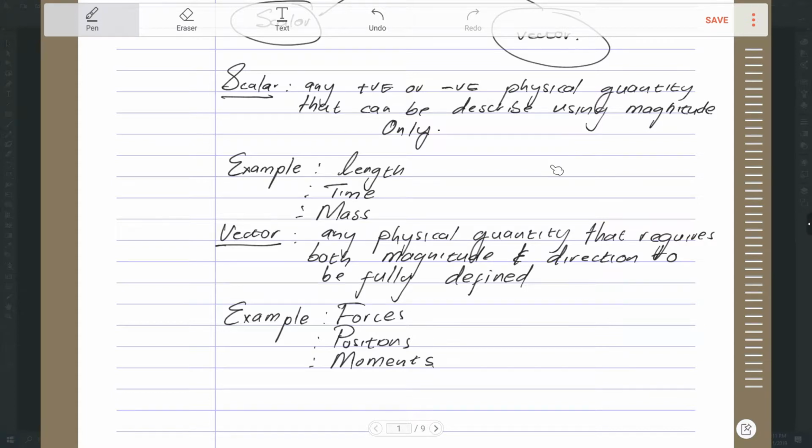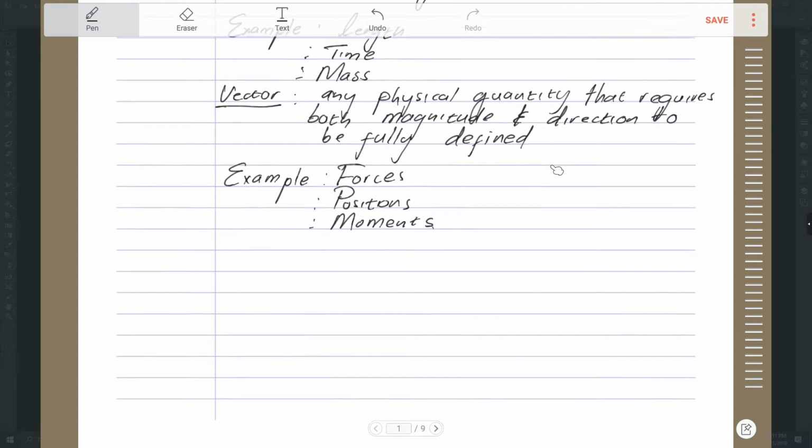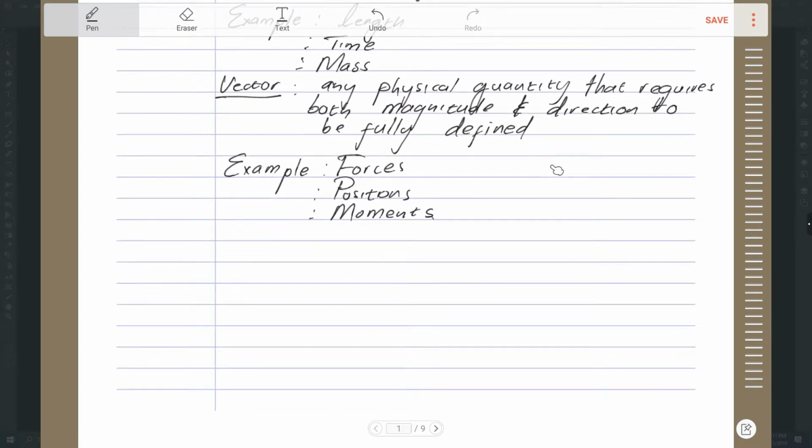Right. Without any waste of time, let's talk about how a vector is represented. So we're talking about representation of vectors. So the first thing that we'll talk about is how we write or show this is a vector when we're writing.